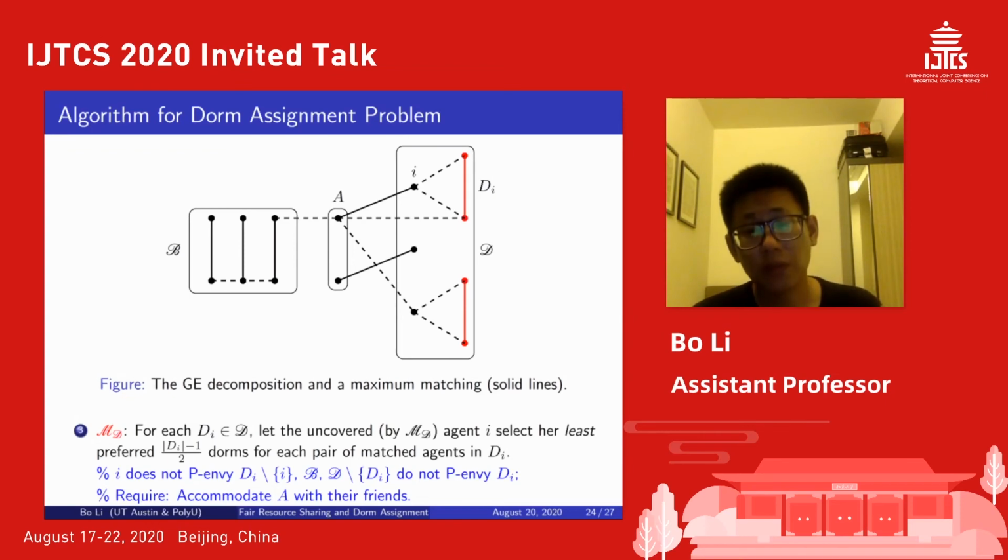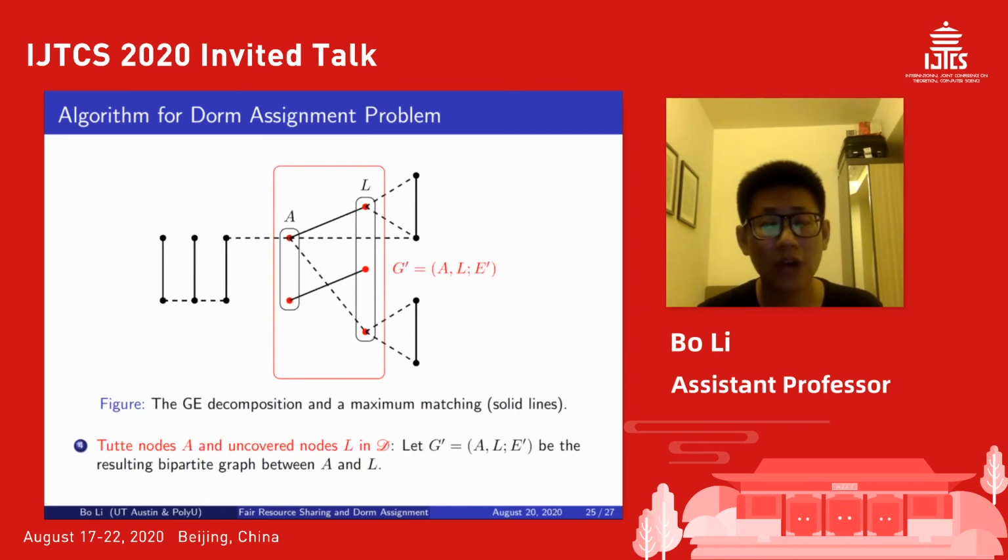Again, the problem is for the agents in the tight set A. A may be connected to these agents. Each agent in the tight set may connect to multiple nodes in a single odd component. So in the following, to guarantee this algorithm to be valid, we need to make sure that A will be accommodated with her friends to some dorms. This is what we do with the odd components.